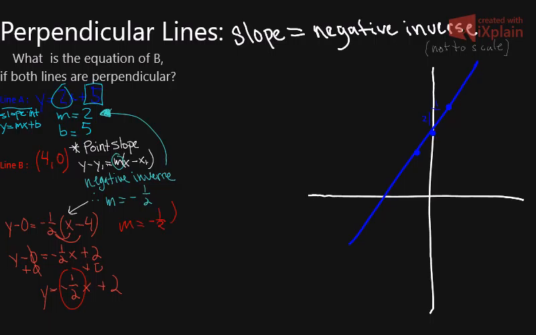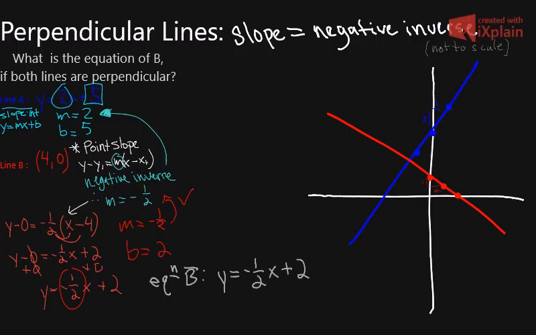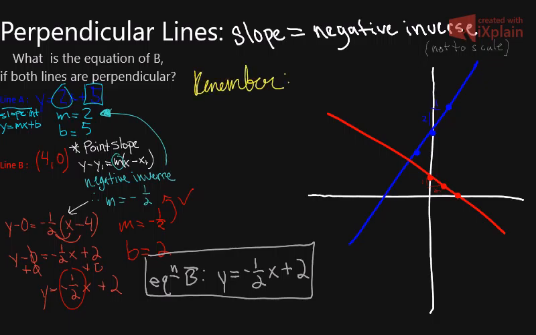So m equals negative 1/2, which is good because it's a negative inverse. And then our y-intercept is 2. So put on the graph, we're going to go down 1, to the right 2, and there's our perpendicular line. So our final answer for this question is that the equation of B is y equals negative 1/2 x plus 2.